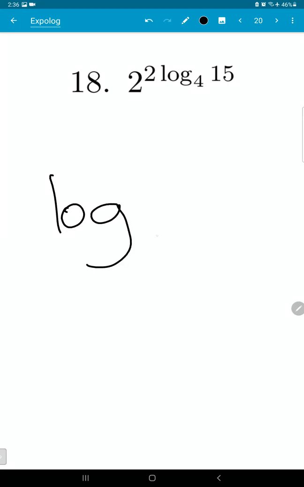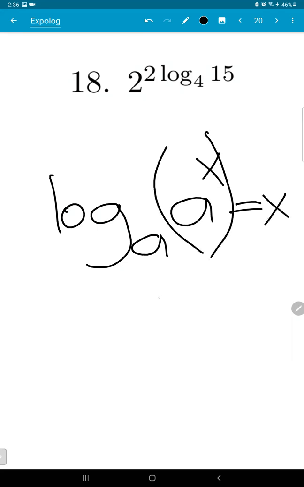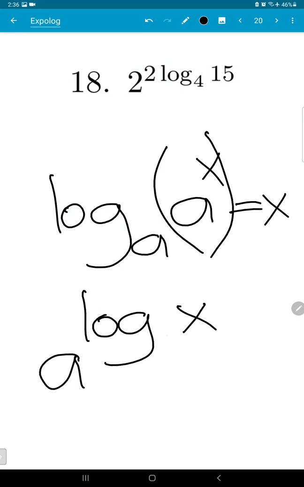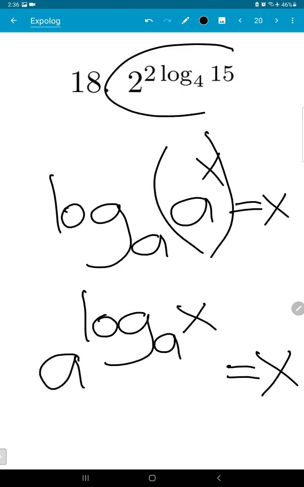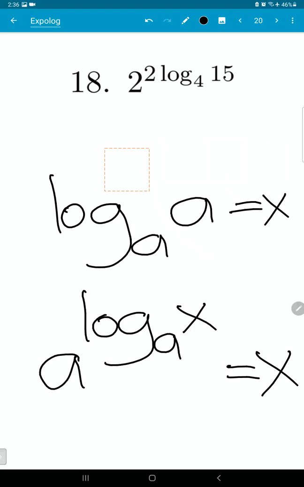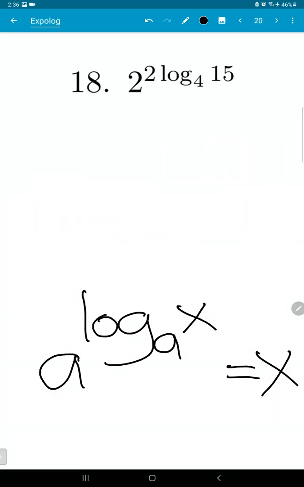Either this one, okay, the fact that logarithms and exponentials undo each other, or this one. And you know that it's the second one, right? Because of the form. So how will you use this to evaluate that?